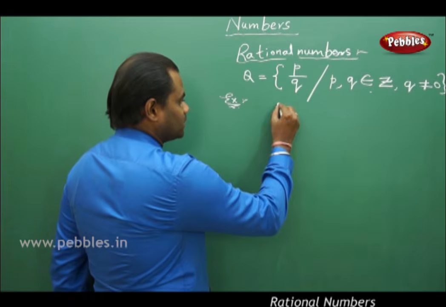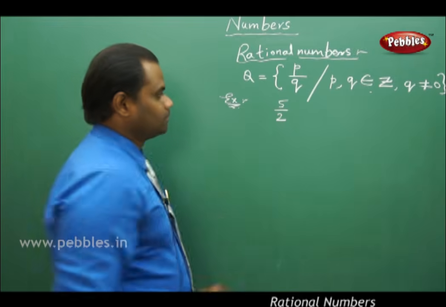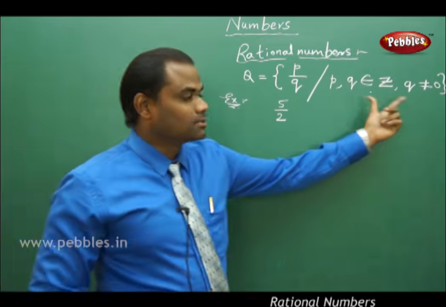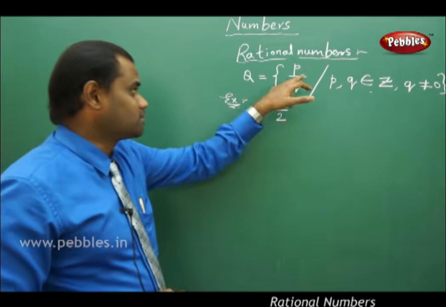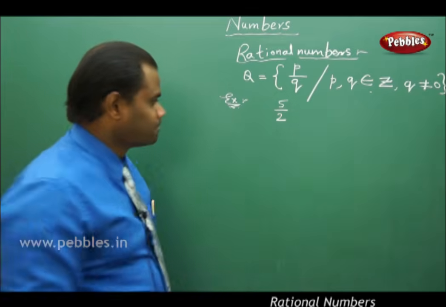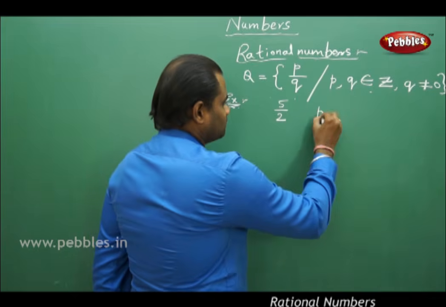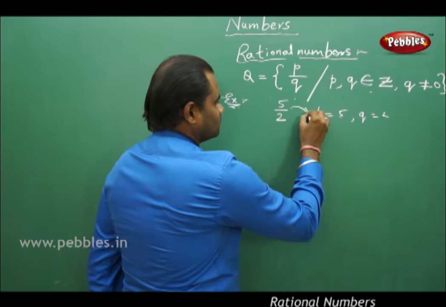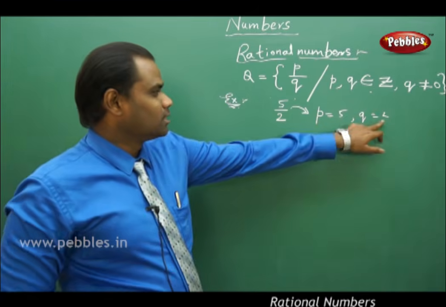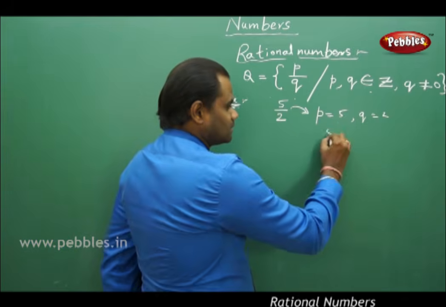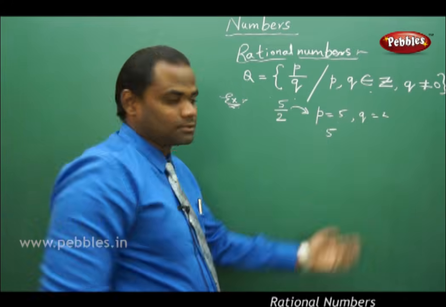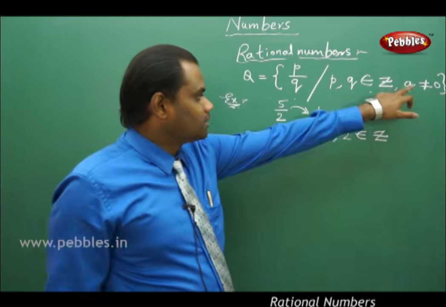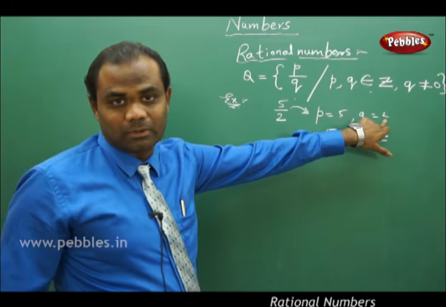For example, if I take 5 by 2, I want to know whether this is a rational number. Let's see if it satisfies these two conditions, and then we will justify whether this belongs to Q. When I say 5 by 2, my P here is 5 and my Q here is 2. I identify that 5 and 2 are integers, and I also identify that Q, which is equal to 2, is non-zero.